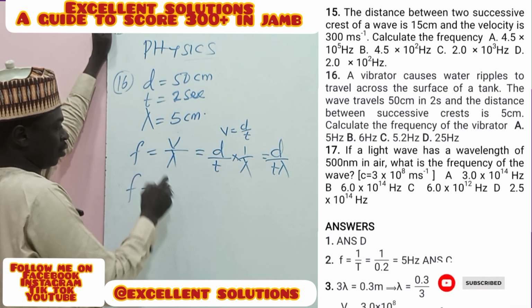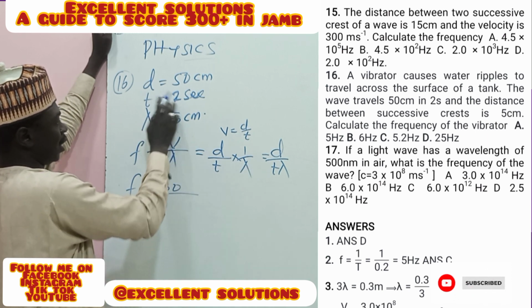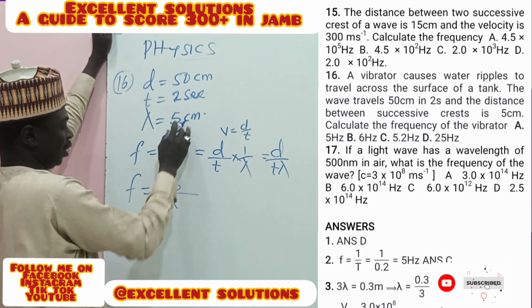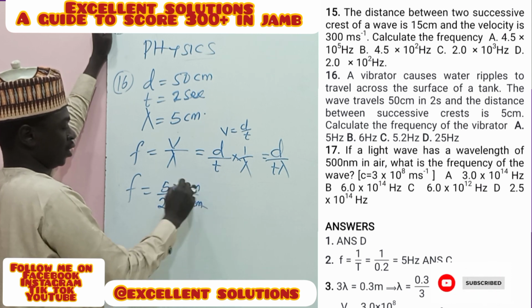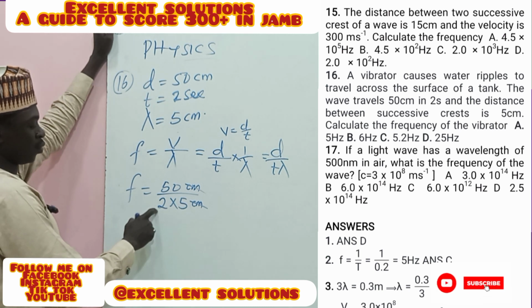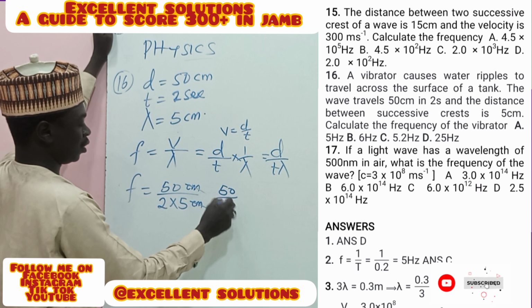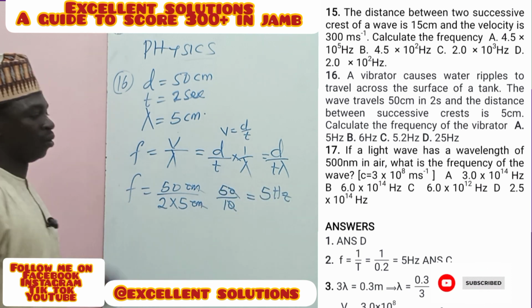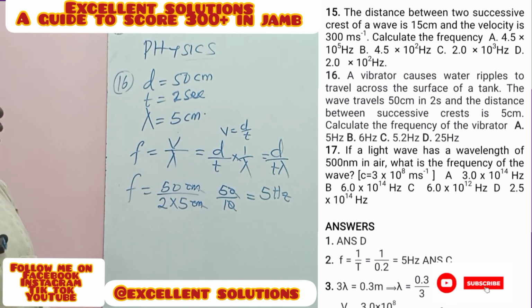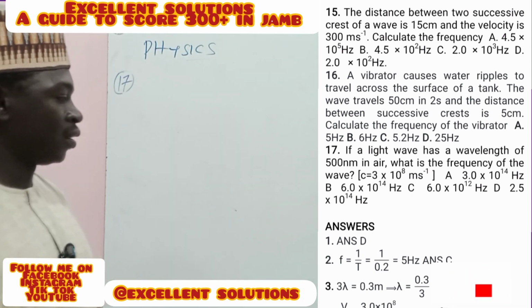So F is now equal to our distance, 50, divided by our time, 2, times our lambda, 5. This is in centimeter. This one is also in centimeter. So centimeter cancels centimeter. 2 times 5 we have 10. So this is the same as 50 upon 10. And this now gives us 5 Hertz. If we look at our options, in option A we have 5 Hertz. The answer is A.